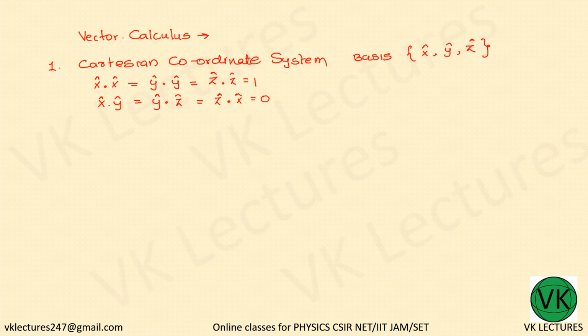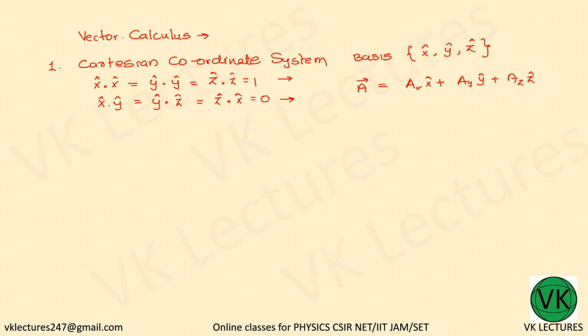This is just like the normalization for wave function, and this is similar to the orthogonality condition of wave function. Now any vector A, as mentioned earlier, can be put in terms of x cap, y cap and z cap. So we can write A x into x cap, A y y cap, A z z cap.